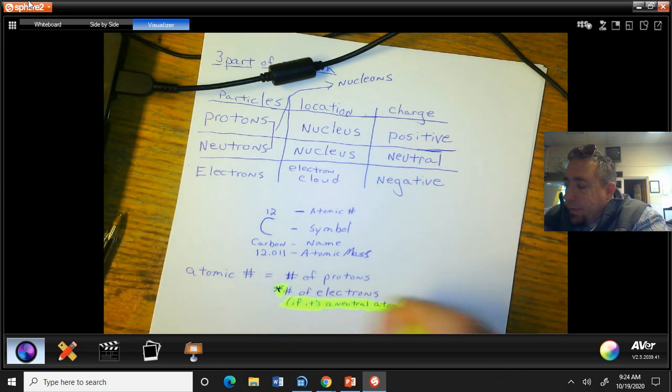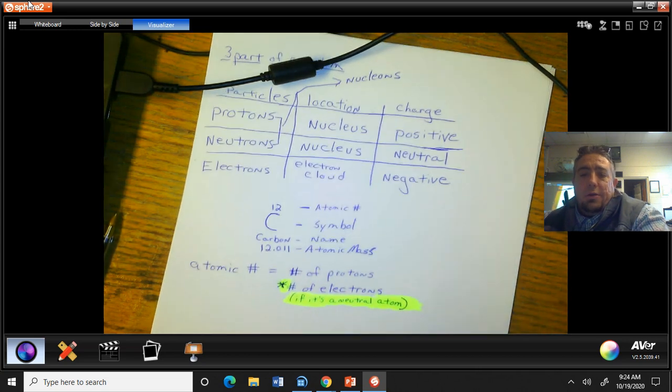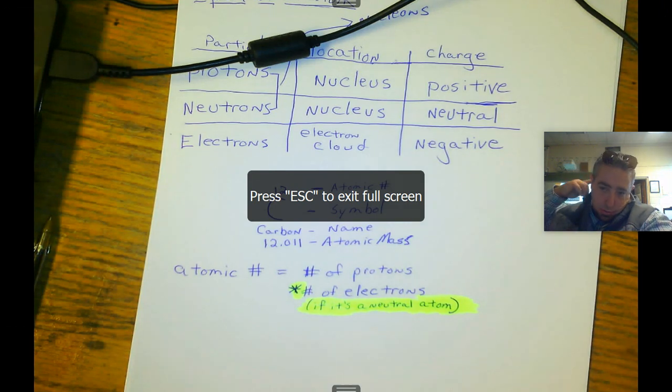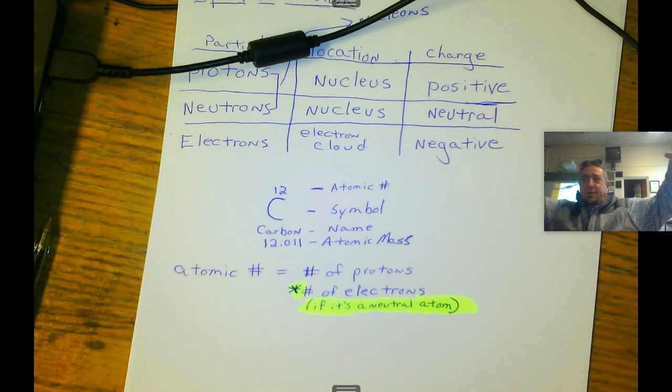That means that it has an equal number of protons and electrons because protons are positive and electrons are negative. So if there's 15 protons and there's 15 electrons, what's their overall charge? Fifteen positive, 15 negative. What's the overall charge? Zero. Okay, good.